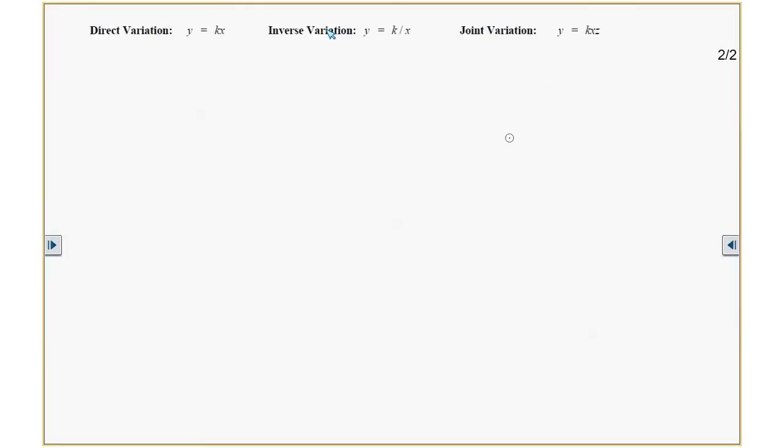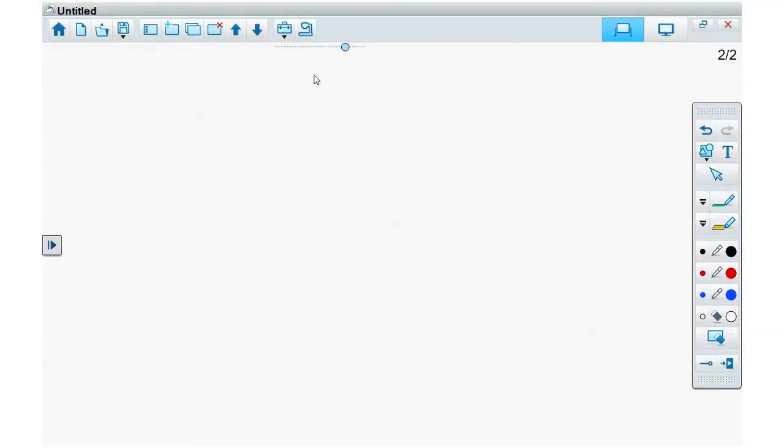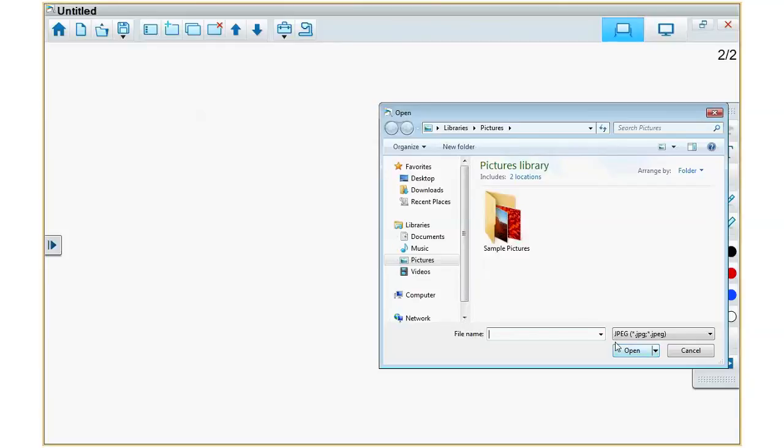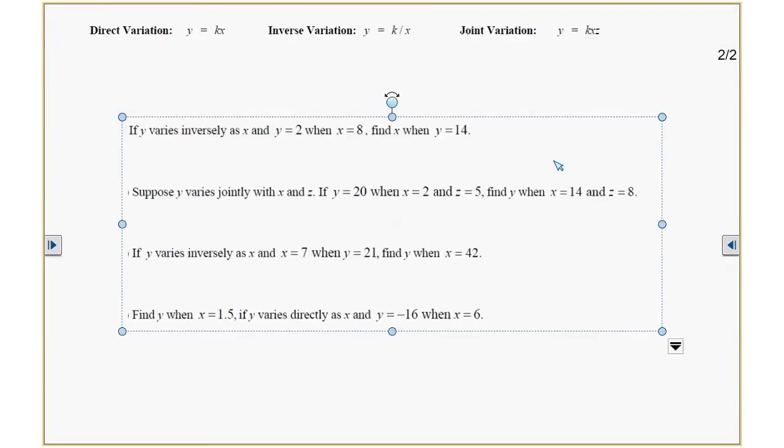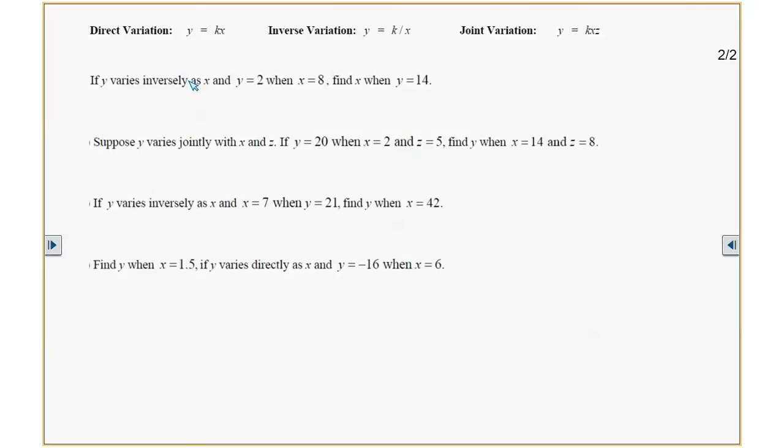Y'all remember this from algebra? One more. Okay. All right, write those down. Hopefully some of y'all remember these words. Direct variation, inverse variation. Write those down. The formulas are at the top, and just work. We'll work the last one.